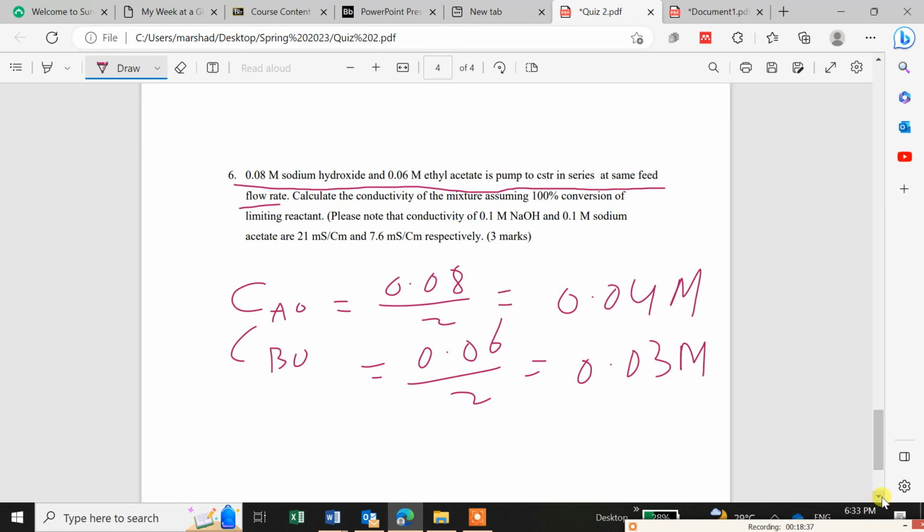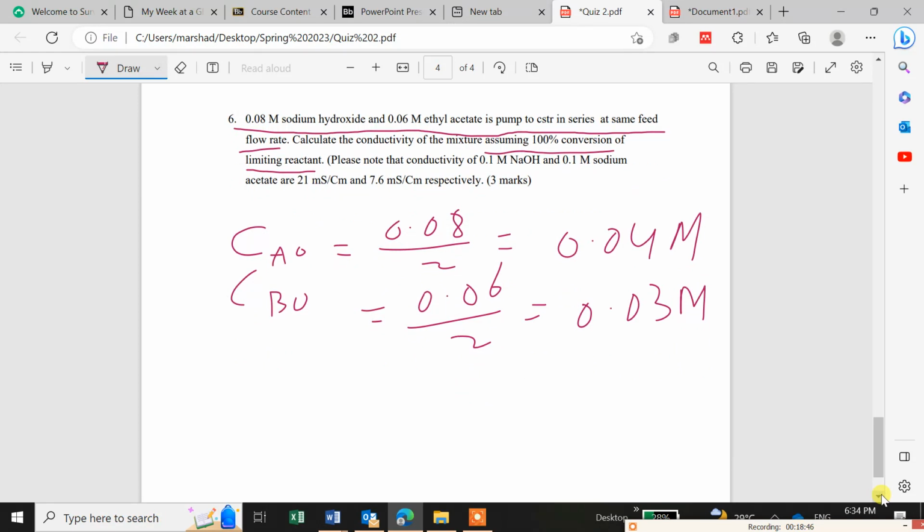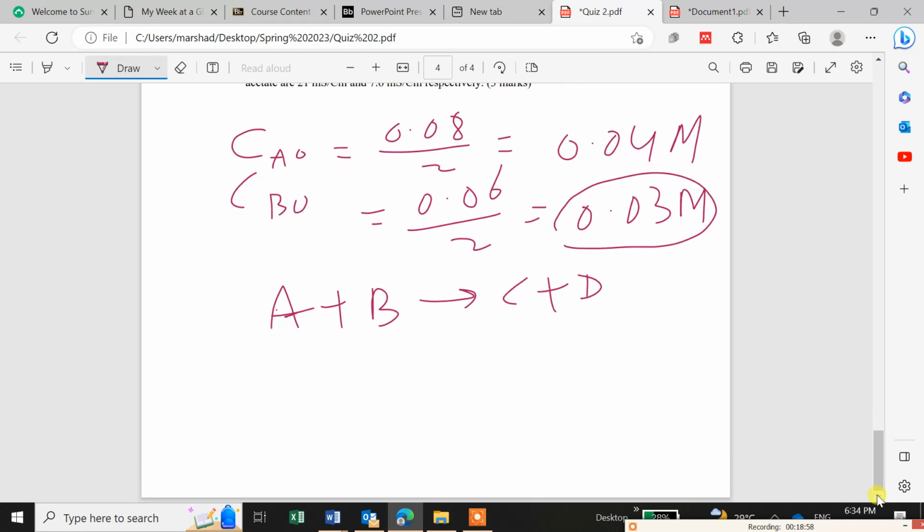Now what is required? Find the conductivity of the mixture assuming 100% conversion of the limiting reactant. So the limiting reactant is B. B is less, right? So A plus B gives you C plus D, right? So now what do we have? We have 0.04 molar, 0.03 molar, initially 0 and 0.